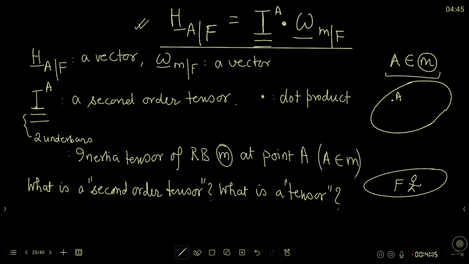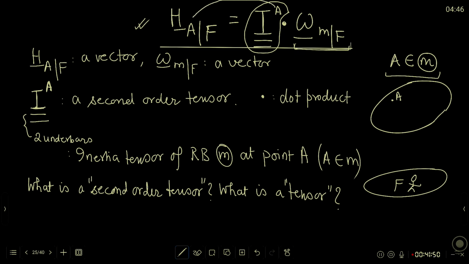The other quantity with which the dot product is happening is a second order tensor. That second order tensor I am representing by the symbol I superscript A, and that superscript A has to do with the fact that we are trying to find the angular momentum of the body about this point A. Then I put a double underbar.